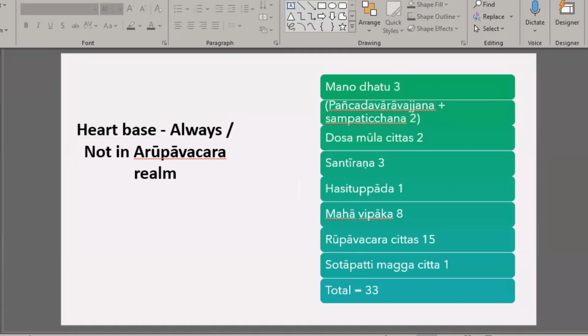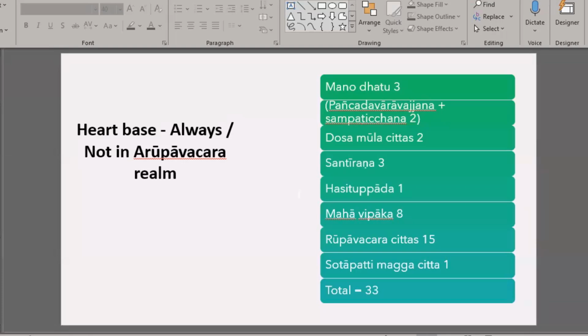When they arise in the Kama realm and the Rupa realm, functioning as Santirana. In the Rupa realm we can see only 2 doors, either the eye door or the ear door.